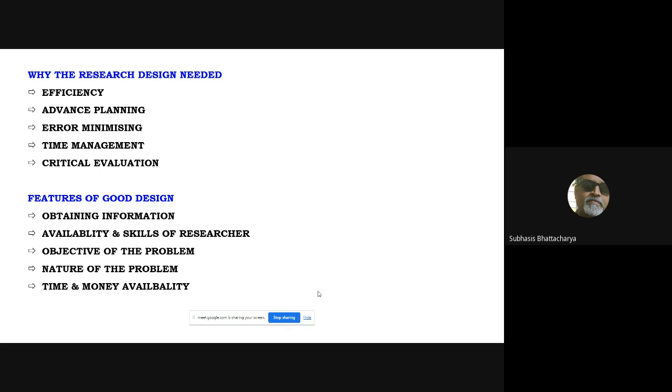So thoughtlessness in designing research projects renders the research exercise fruitless. Therefore, you need an efficient and appropriate design for the research operations. The design helps the researcher to organize and to bring adequate, efficient results if your designing is proper.